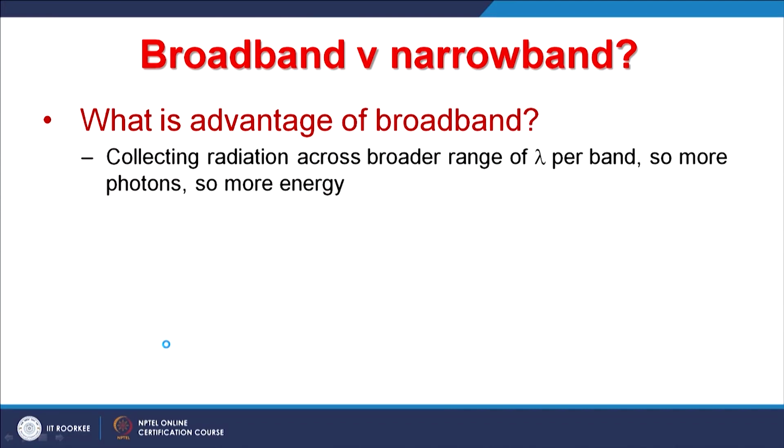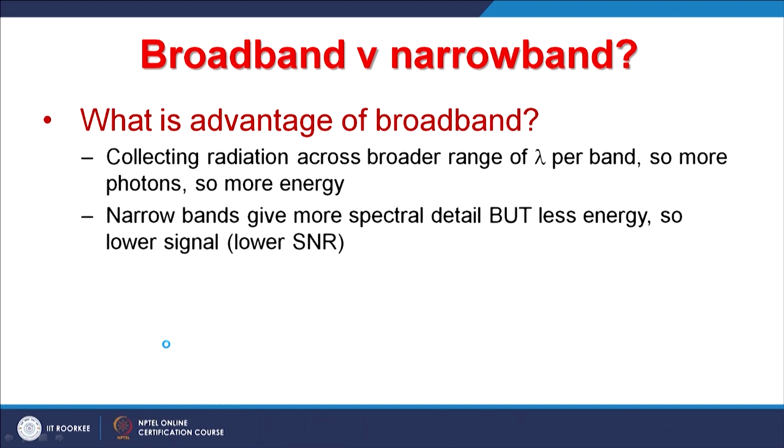Now, we will do this comparison of broadband and narrowband. What is basically the advantage of broadband? It collects radiation across a broader range of wavelength per band. So, more photons and more energy, and that is why broader bands are used. In the case of thermal infrared also, to register the emission you require broadband.